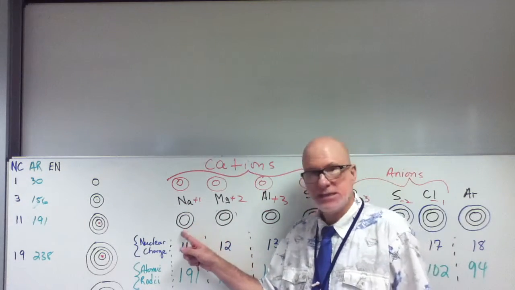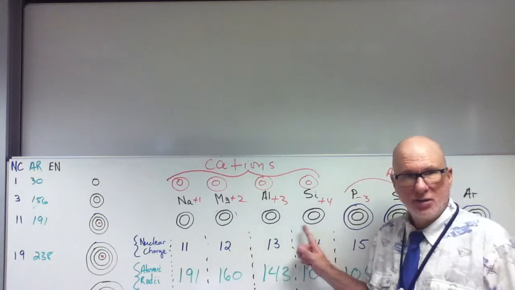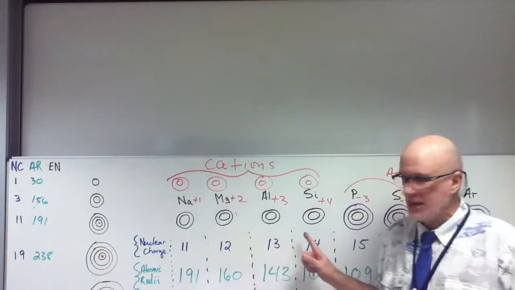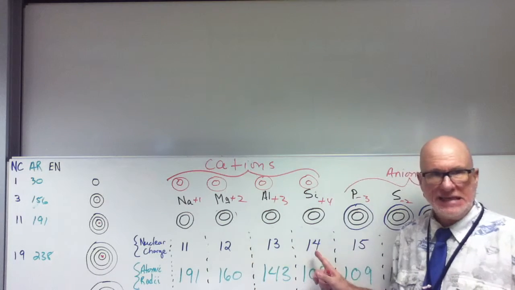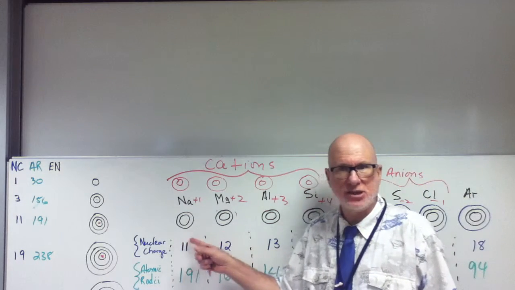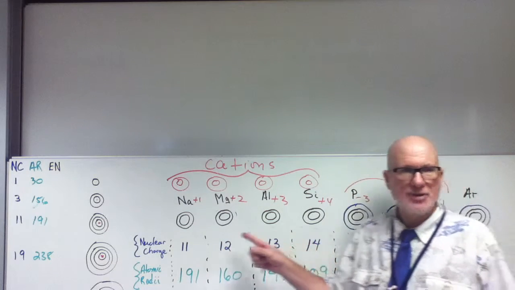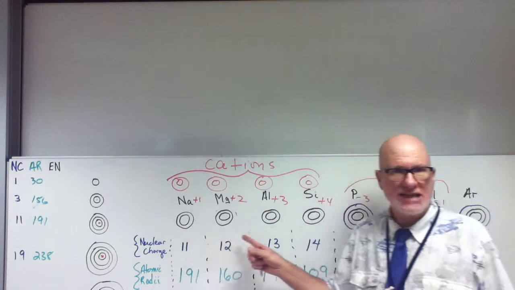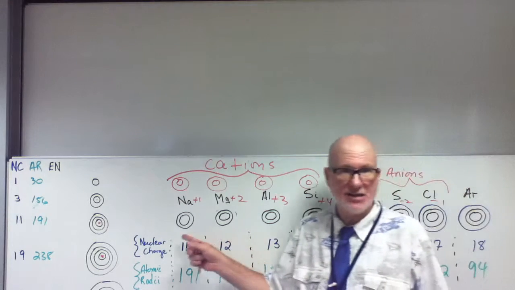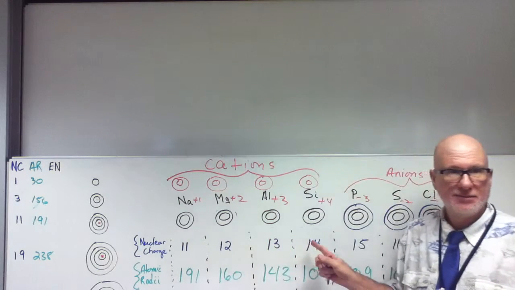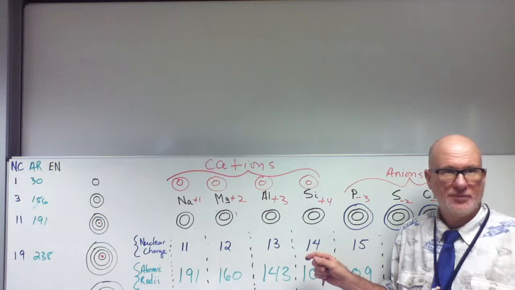That this is all the same valence shell, all the same ring, right? Yet look at the nuclear charge here. The nuclear charge here is 11. Here it's 14. So the nuclear charge is increasing. So what's going to happen to that ring? Is that ring going to be drawn tighter, or is it going to expand? It's going to be drawn tighter, isn't it? Yes.